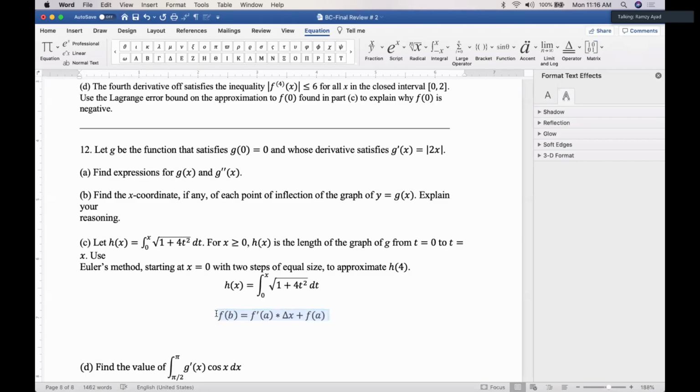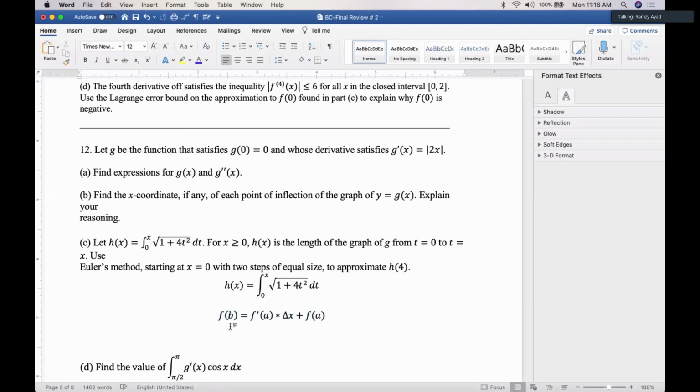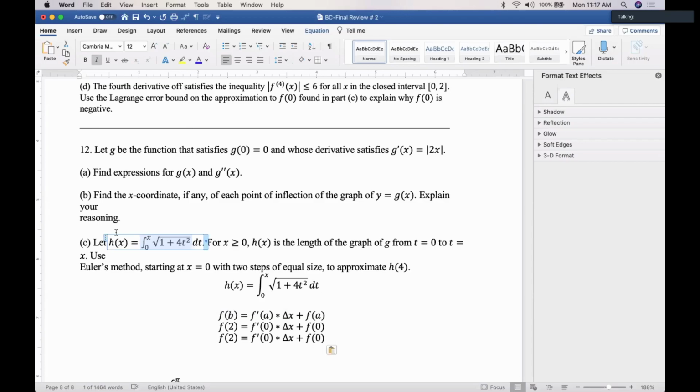I'm copying the formula and I'm applying it twice, right? So first, what am I getting here? f of 2, while the a is 0. Now we can put our numbers in. The numbers are: f prime of 0 is the derivative of this at 0, right?